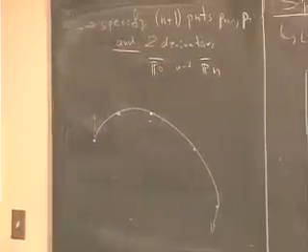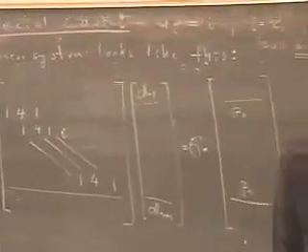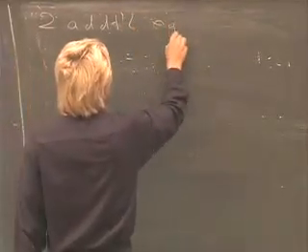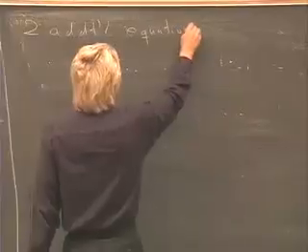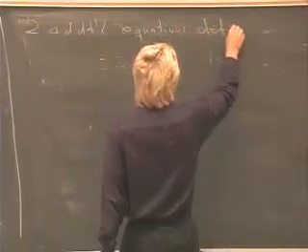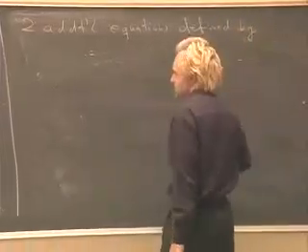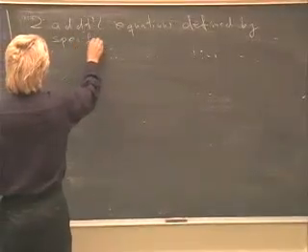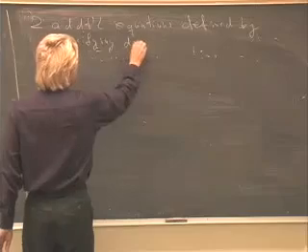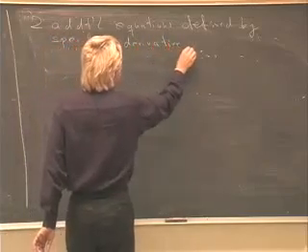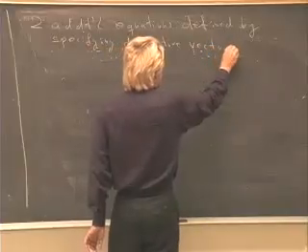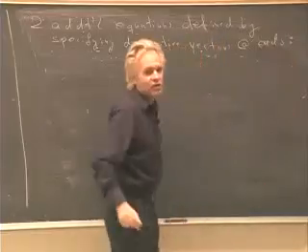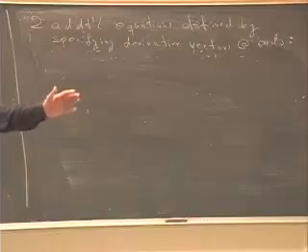So two additional equations defined by specifying the derivative vectors at the ends. And again, we only need to understand the configuration at one of the ends. The other one follows by symmetry.